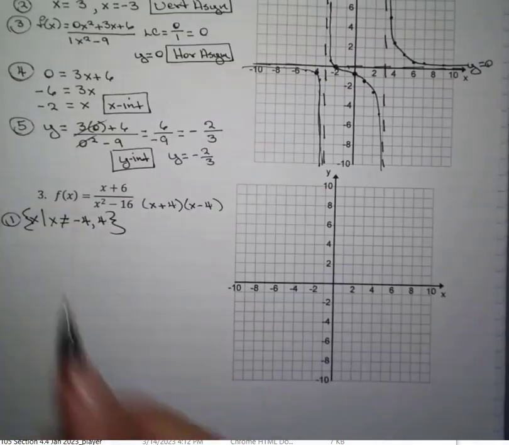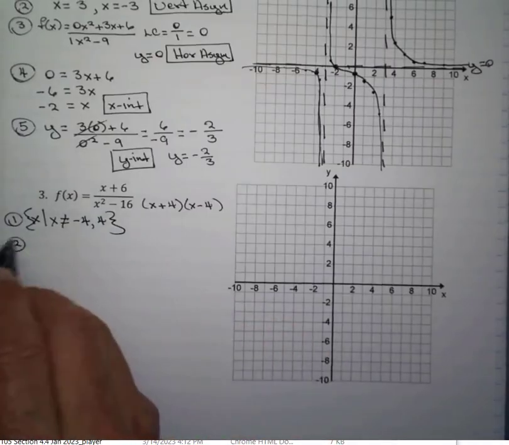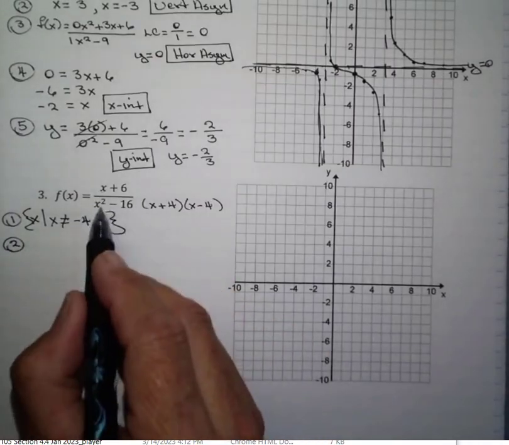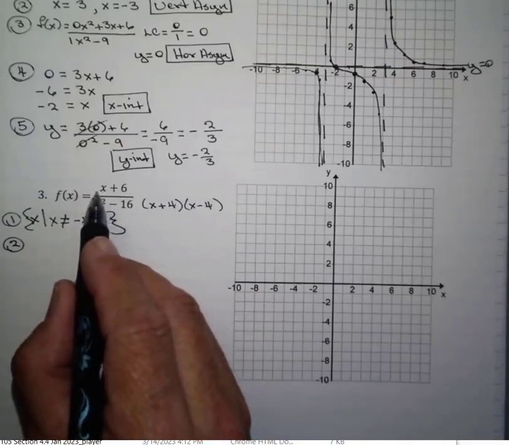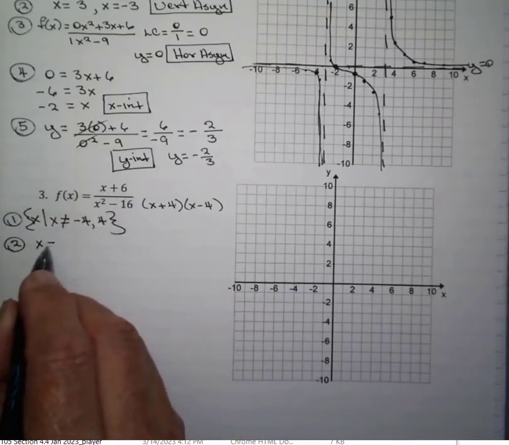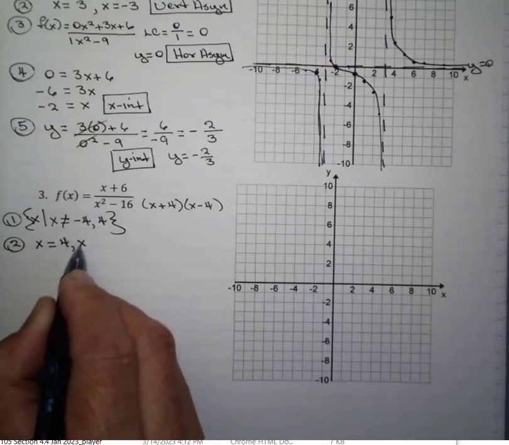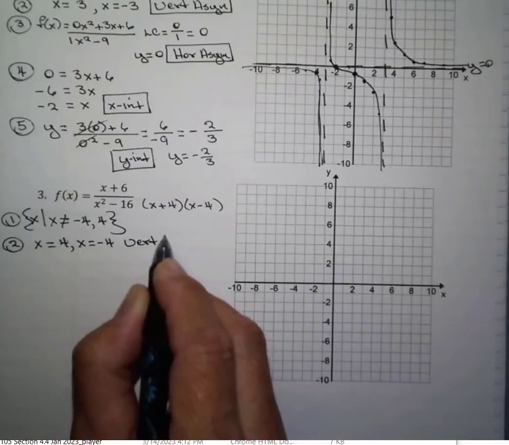So then we have to look at these and say, are they vertical asymptotes or are they holes? Well, if I made -4, I know it'll cause 0 in the denominator, and it does not cause 0 in the numerator. -4 plus 6 is not 0. 4 plus 6 is not 0. So I can say that these two, x equals 4 and x equals -4, are my vertical asymptotes.